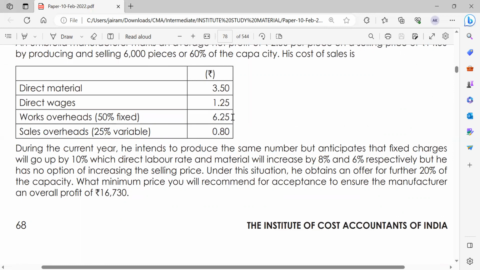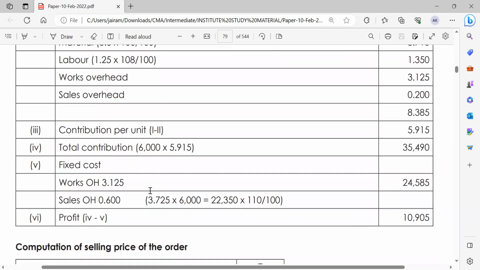Here you have to do it in a calculator, 6.25 into 50%, so you will get 3.125. The second one is 0.6, which we got. Add these two and you will get the per unit fixed overhead, which is 3.725.